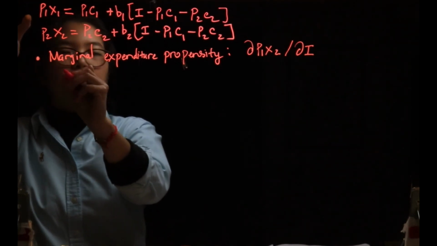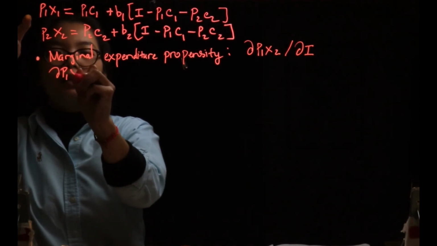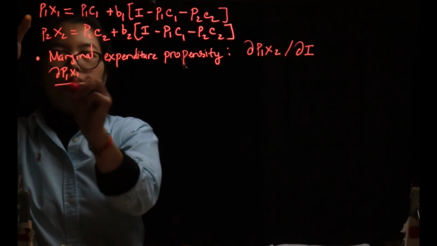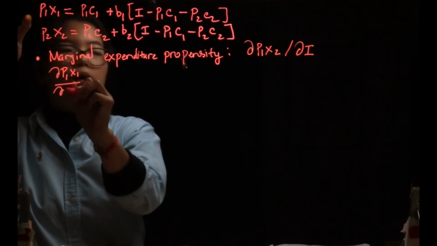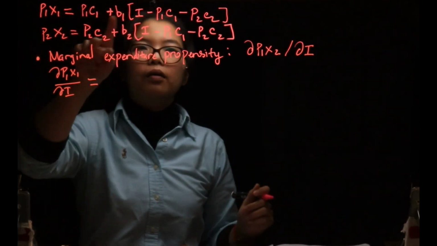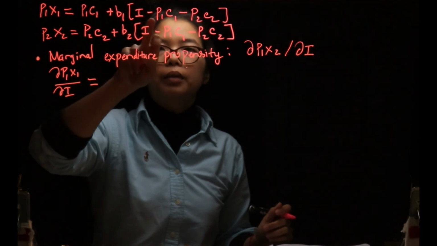So we have P1 times X1 with respect to I will be. Now let's look at this and see where the income is.